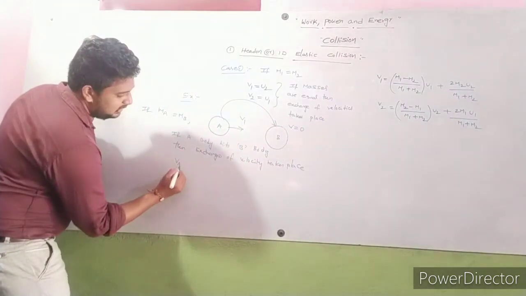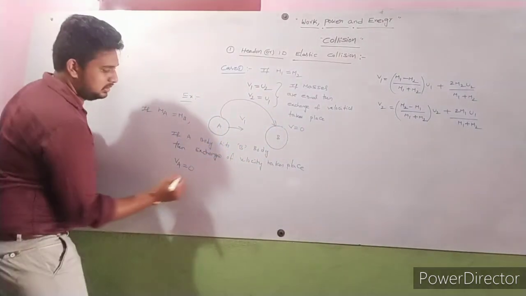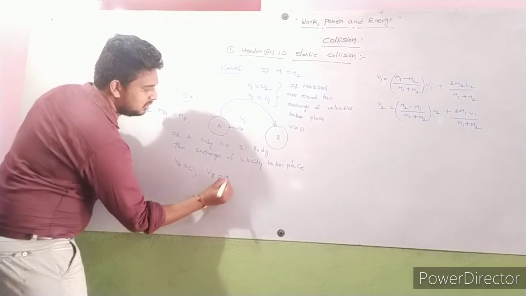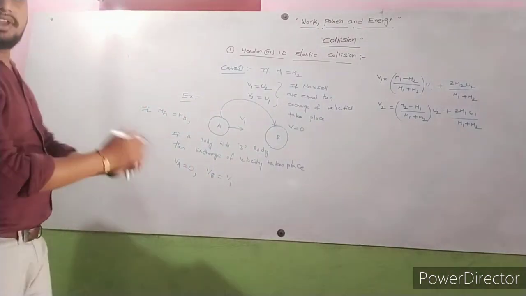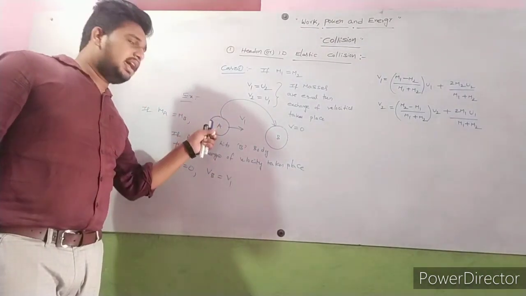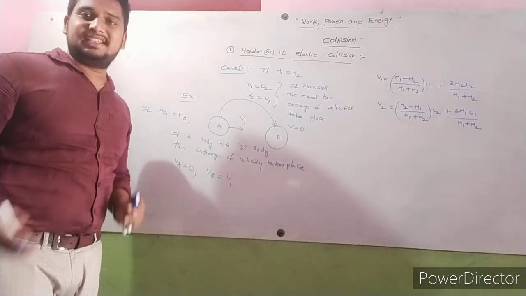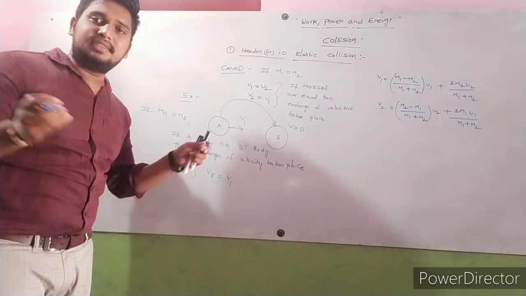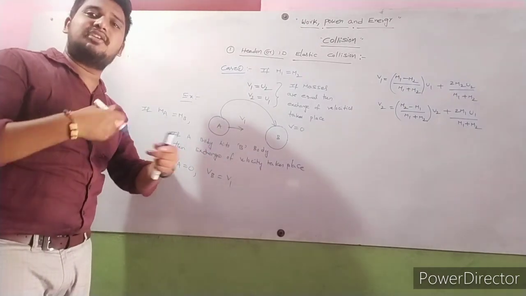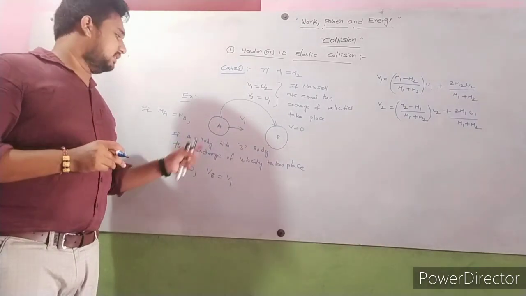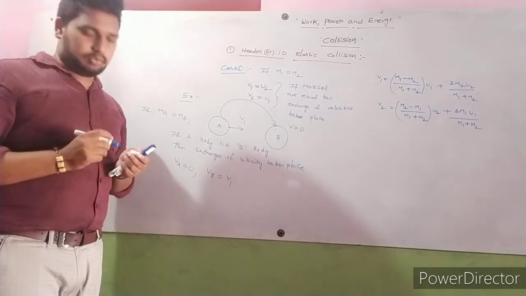That means VA becomes 0 and VB becomes V1. So A attains B's velocity and B attains A's velocity. That means if masses are equal, then when collision takes place, exchange of velocity takes place. This is very important. This is case 1.